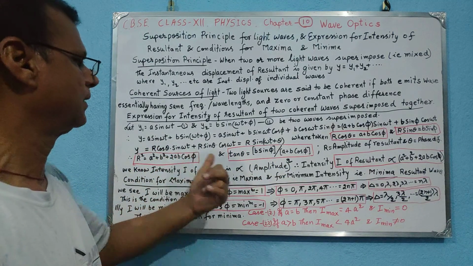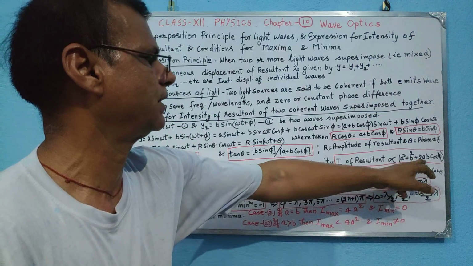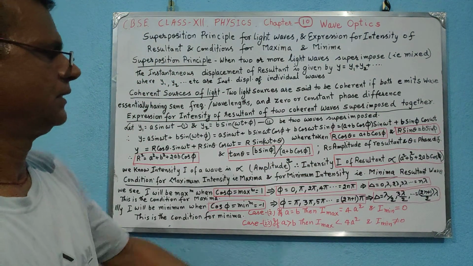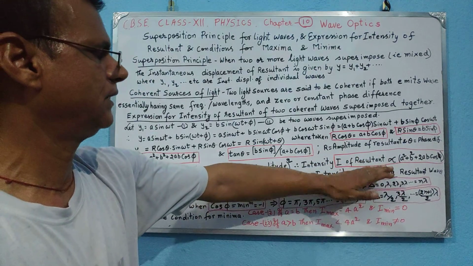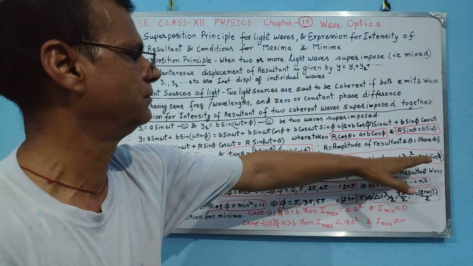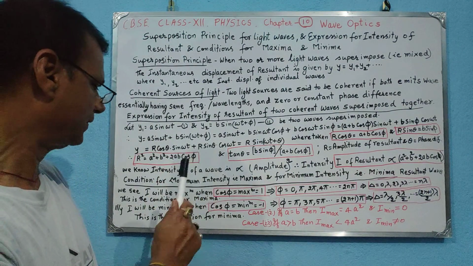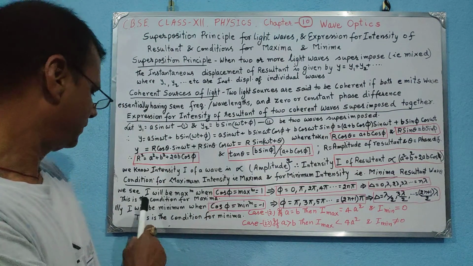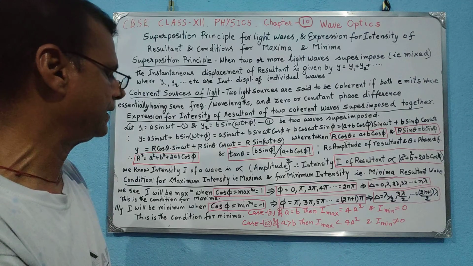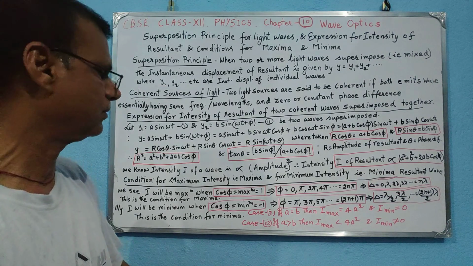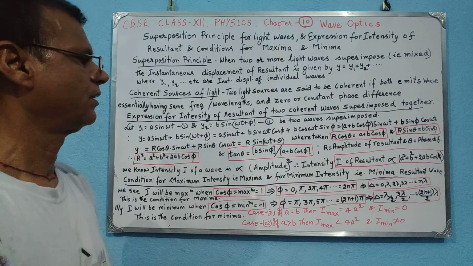That means it is proportional to a square plus b square plus 2ab cos phi. The intensity of the resultant will be proportional to the square of the amplitude, and therefore the condition for maximum intensity and minimum intensity can be obtained. Let us see how we are going to do it.